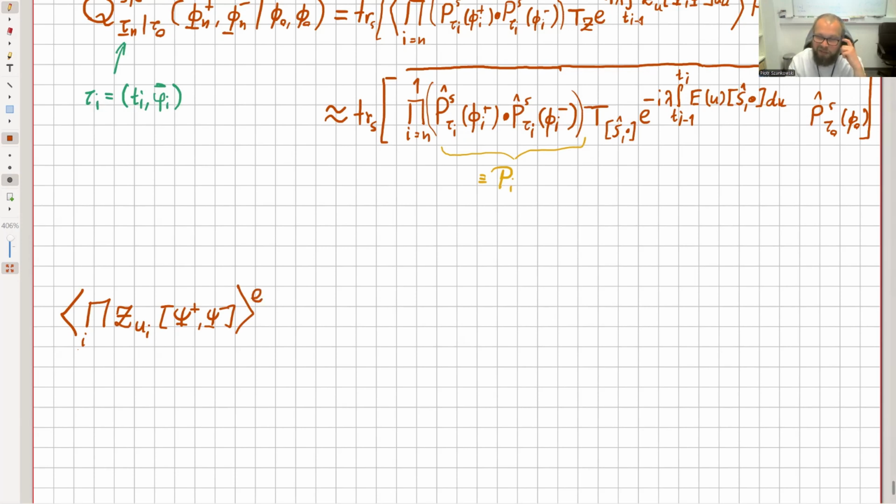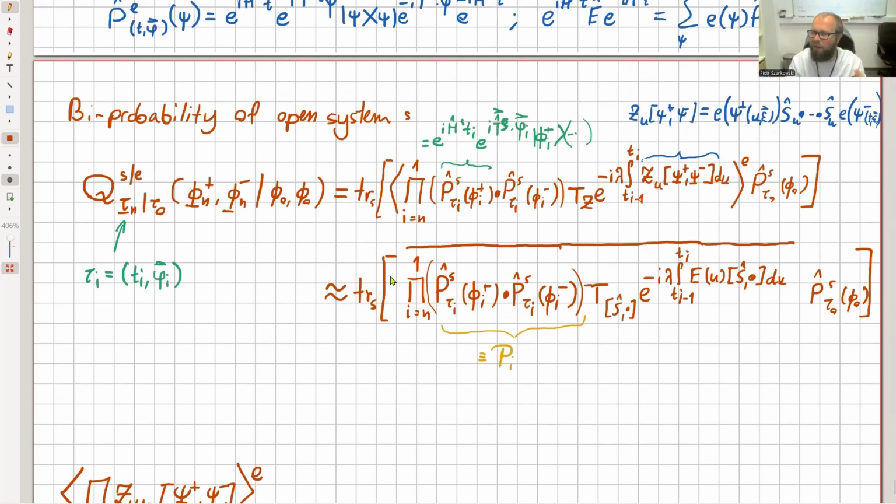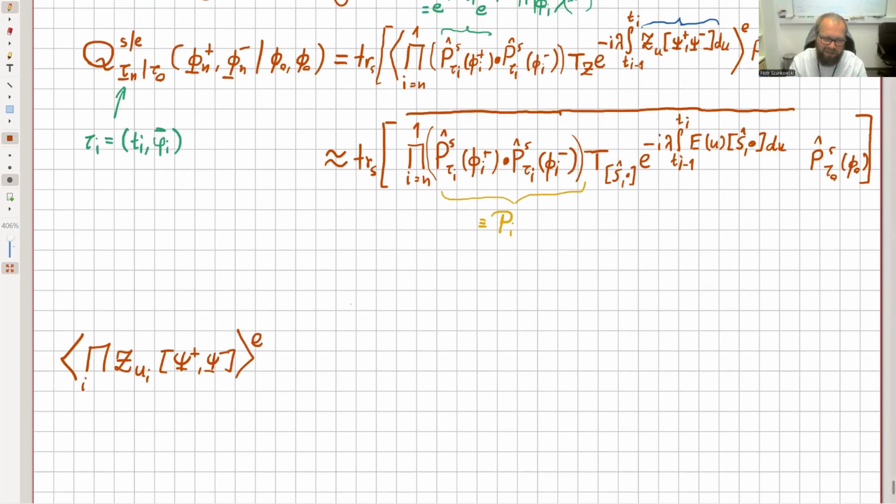So we have a moment of the dynamical variable z, the real quantum dynamical variable z, which according to our definitions would be a double integral.